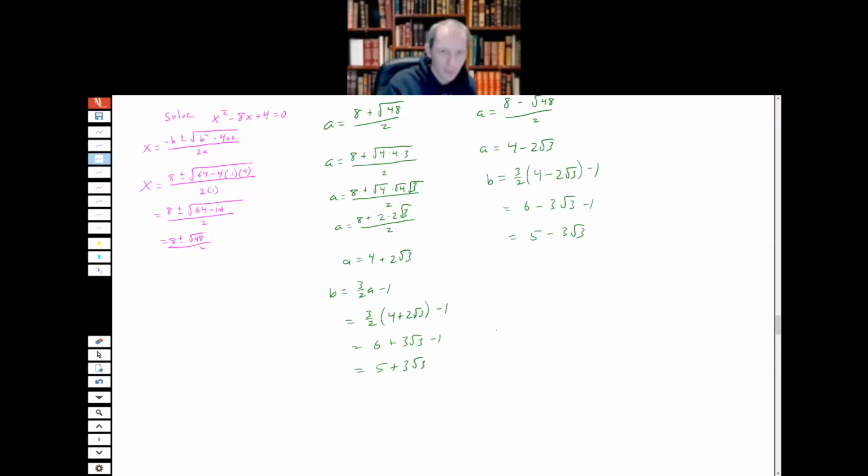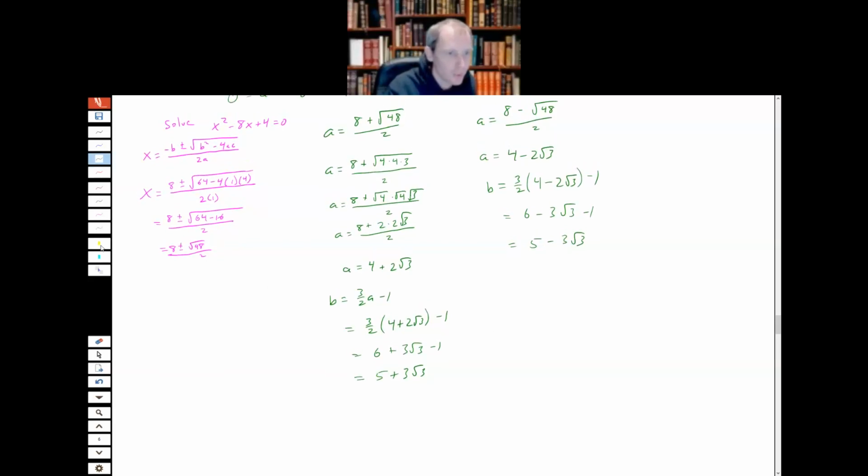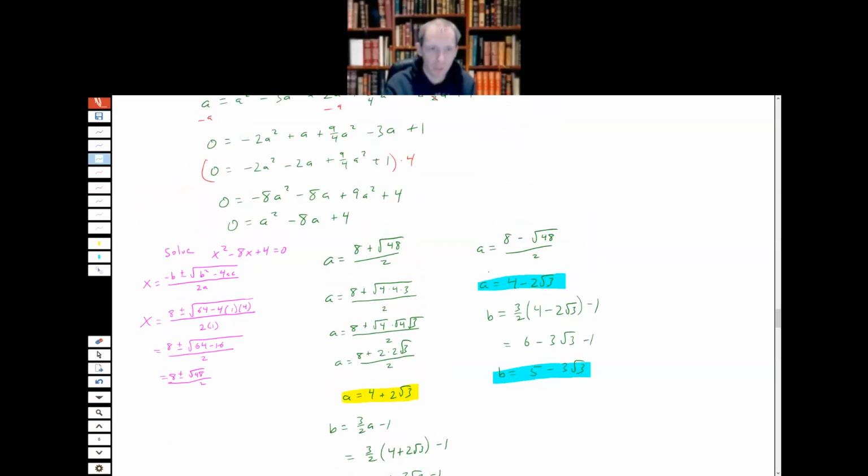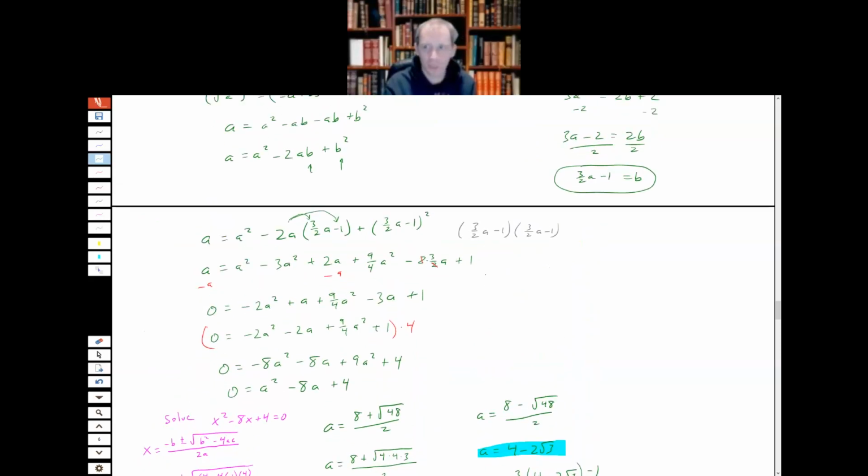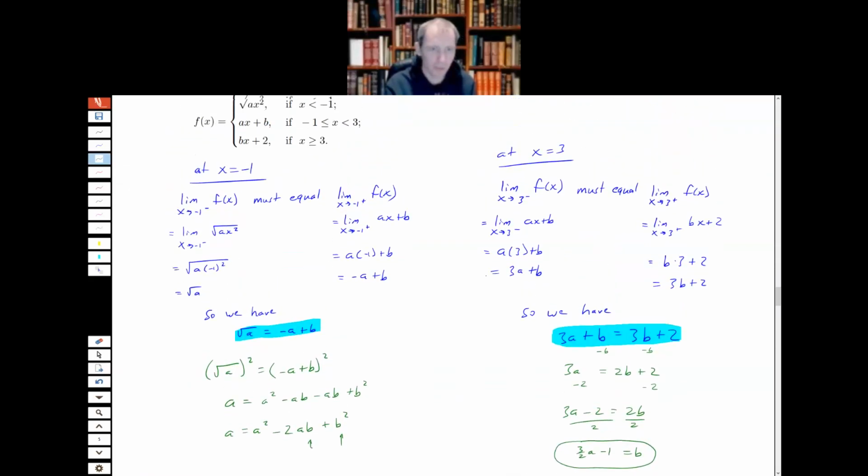So I have these two possibilities. I can have this for my a and this for my b, or I could have this for my a and this for my b. Well, this problem gets one step more complicated because I'm not really just done here. I need to actually check and see if these work. And I'll explain why we end up with a bad solution here after we show it.